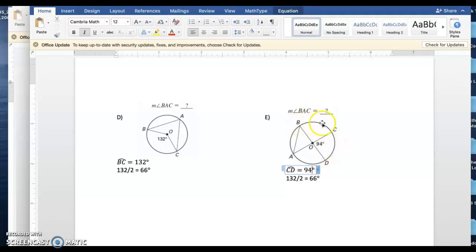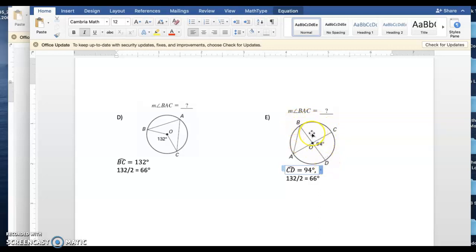We want to figure out what this arc length is because I want BAC, and BAC intercepts this arc here, BC. So if I have 94 degrees already, then that means the remaining amount from 180 goes to BC because this is on a line.